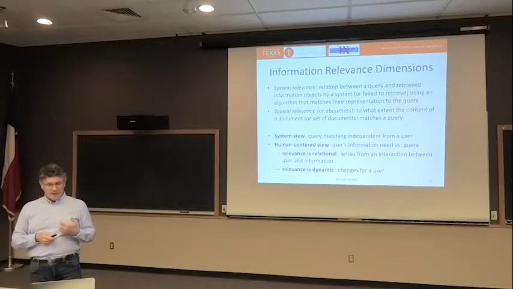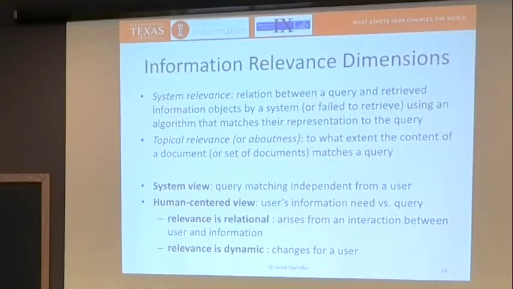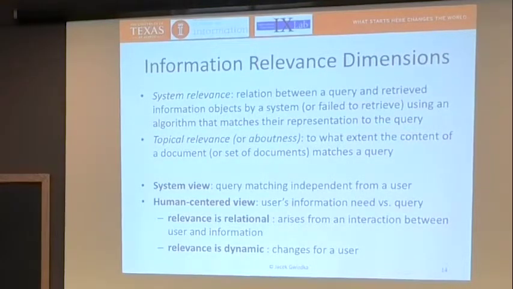And in information science, relevance has been understood to have multiple dimensions, and one of them is system relevance, which is the relation between the query specified by a person and the retrieved information objects by an algorithm, or not retrieved if the algorithm doesn't match the objects the way we expect it to.